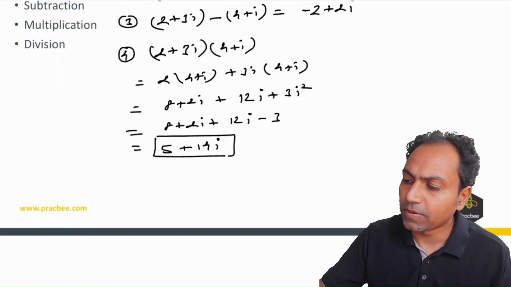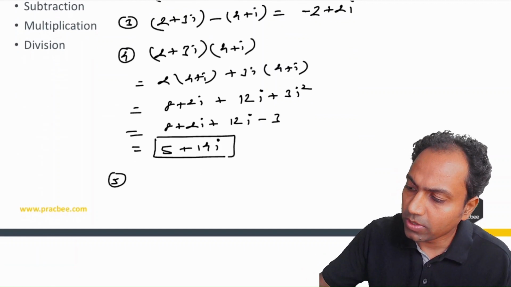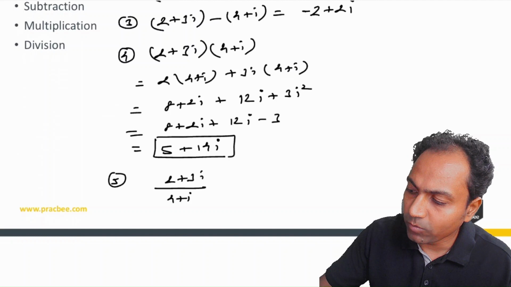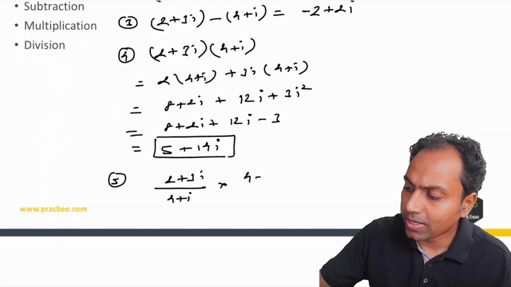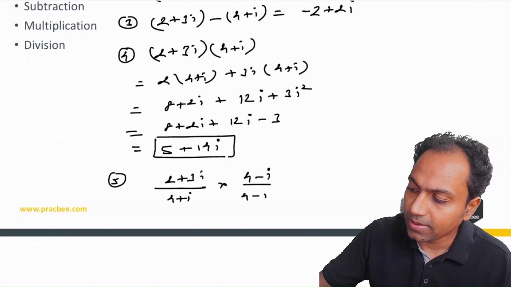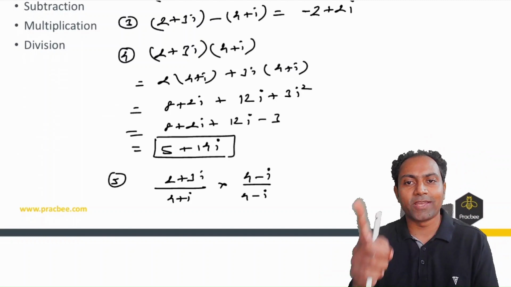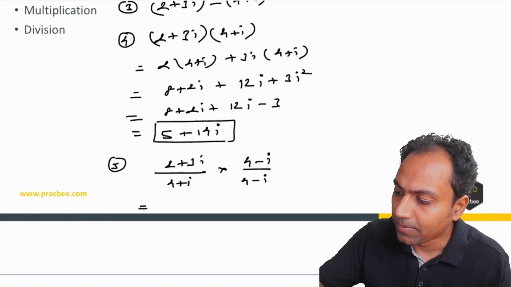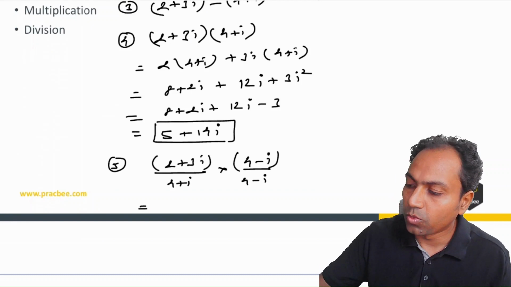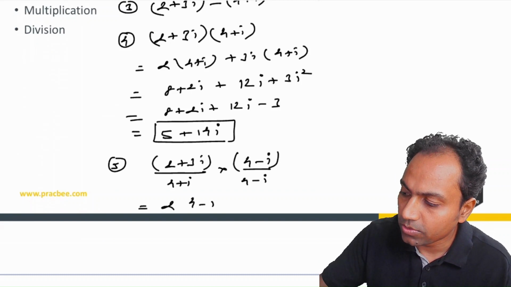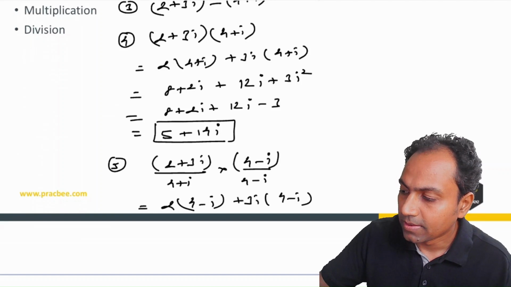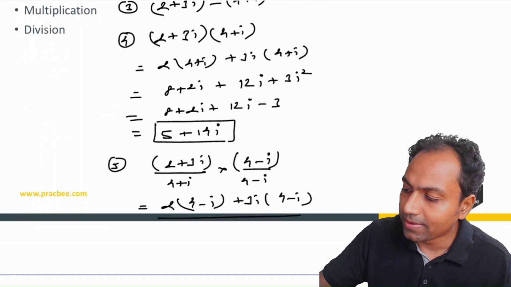And the last, the fifth part, is nothing but division. So if I have to divide 2 + 3i by 4 + i, what I'm going to do is rationalize. So I'm going to multiply by 4 - i in the numerator and denominator. So the sign of i you can change and then multiply. And if you do that, what you are getting in the numerator is again the multiplication of two complex numbers. So we can again distribute 2 into 4 - i plus 3i into 4 - i. And in the denominator, you can write it as 4^2 - i^2.